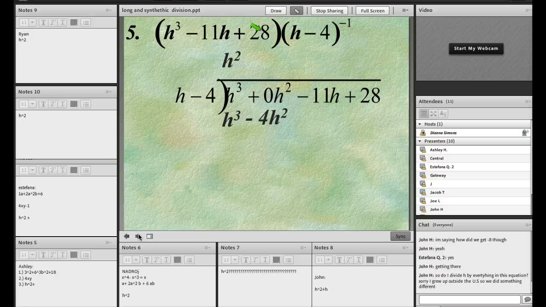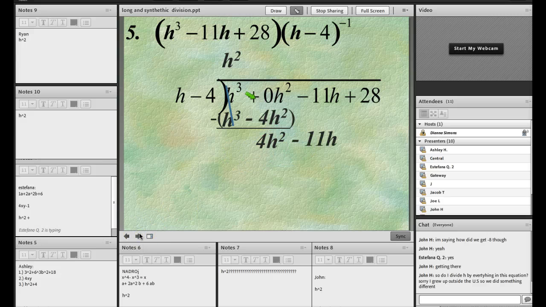I'm going to subtract this polynomial right here from this polynomial. Okay, Joe, this is right. H squared is the first term.